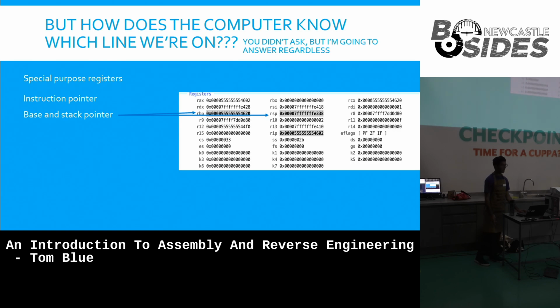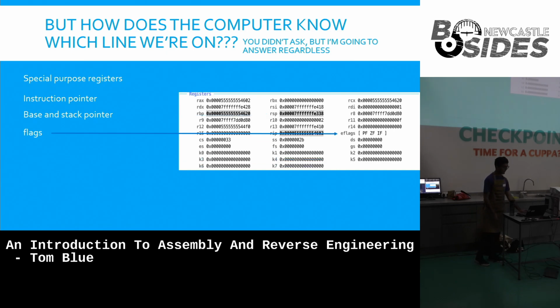There's a base and a stack pointer. I'll go more into this in another slide. But the base pointer points to the bottom of the stack, and the stack pointer points to the top of the stack, and that's how the program knows how big the stack is. And the base and the stack pointer are updated as we go into different functions as you create new stack frames.